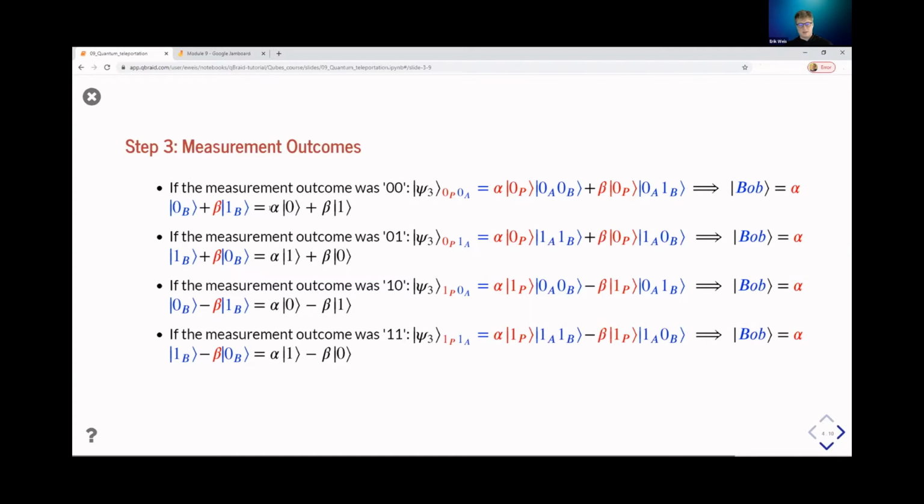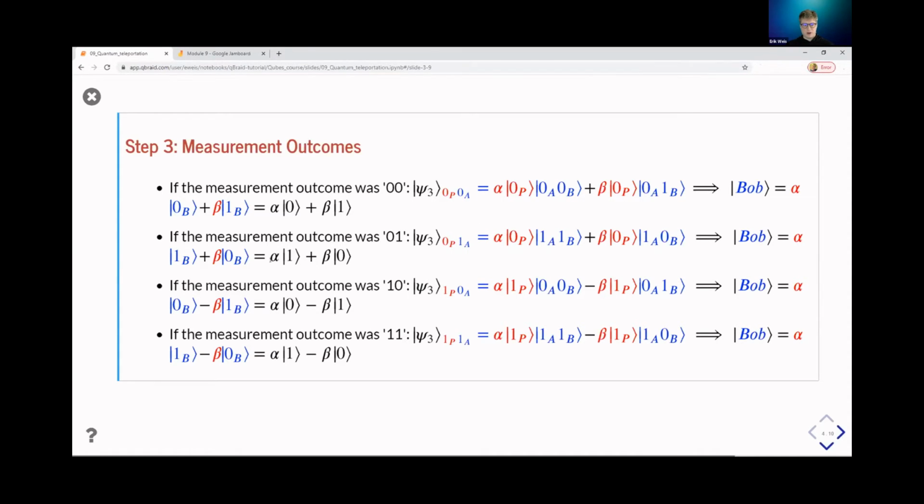The whole goal was to get the state alpha 0 plus beta 1 onto Bob's qubit, and we've done that here. Okay? If the measurement was 0, 0. If the measurement was 0, 1, for instance, we've got a slightly different state, alpha 1 plus beta 0, okay? And so for these other 3 possibilities, we don't quite have the state replicated on Bob's qubit.